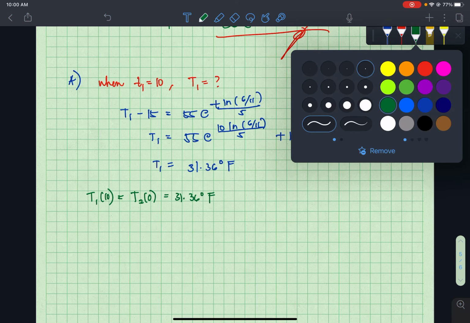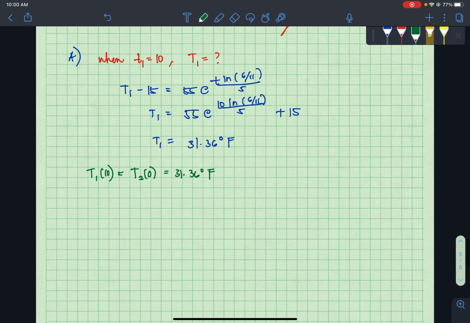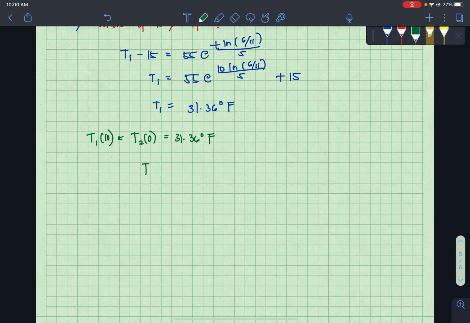So from here we can now create the new formula. Instead, we could have T2 minus Tm2 equal to C e raised to K t.